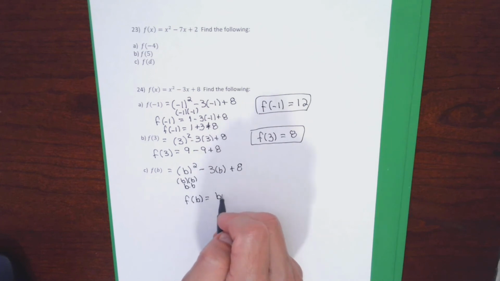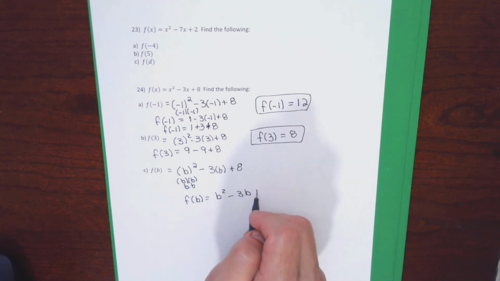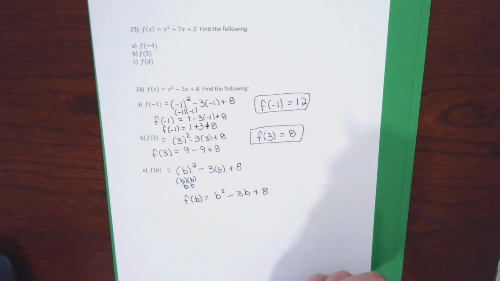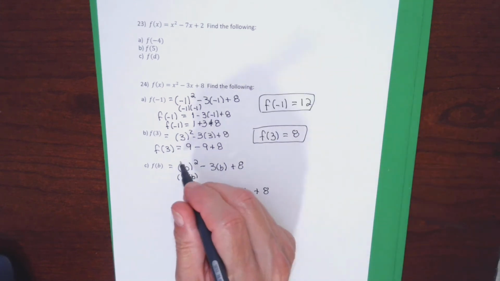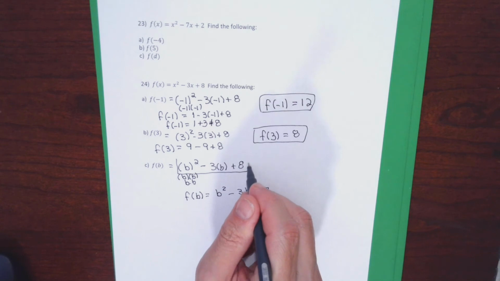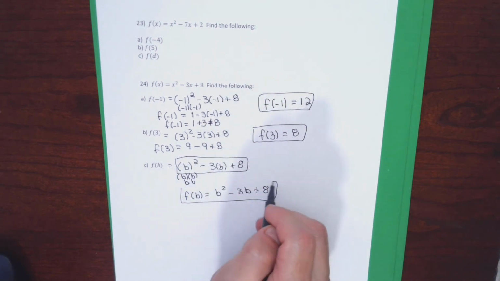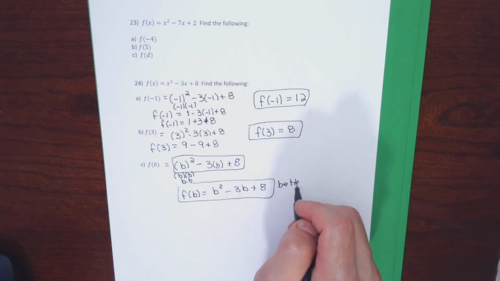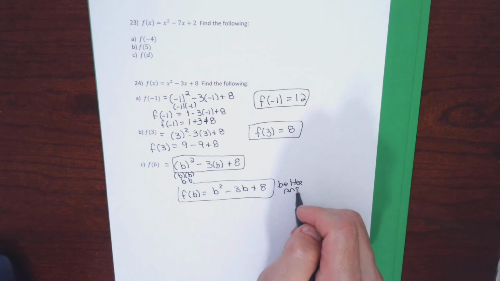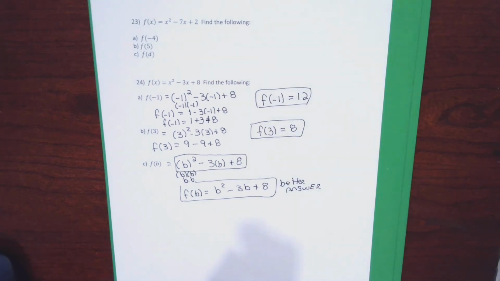It actually looks odd to me to see it. Similarly, that 3 parentheses b looks odd, because if I just had the 3 and the b next to each other without parentheses, it would still mean 3 times b. This would be an unsimplified okay answer. This is the better answer. I can't do anything with this, or I'm not supposed to do anything with this at this point. I'm not asked to do anything. I'm not asked to evaluate and then do something else.